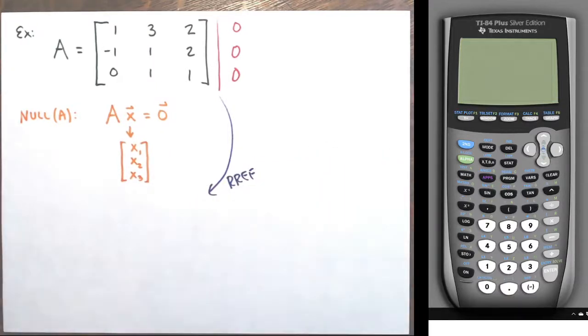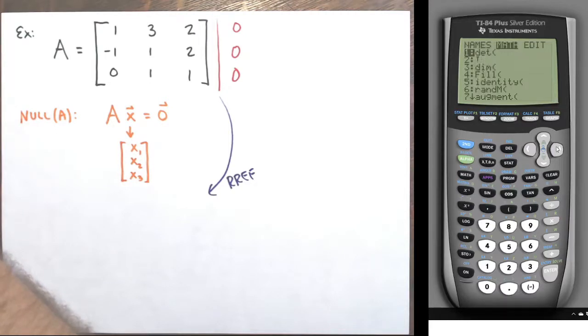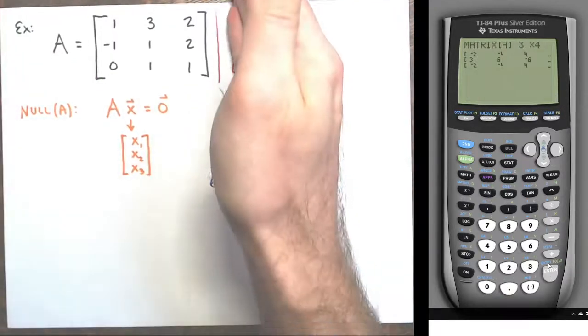All right, this time I'm going to have the calculator do it for me. I have an 84 Plus here. You turn it on. There we go. Then under the matrix menu, second matrix, over to edit. I'm just doing the 3 by 3. Again, I'm ignoring this column of zeros.